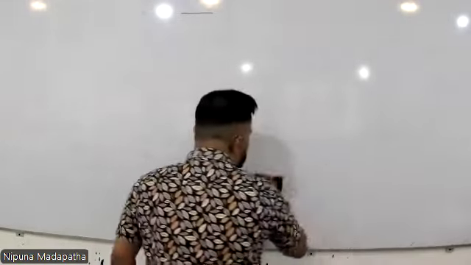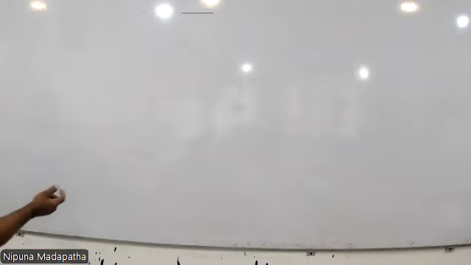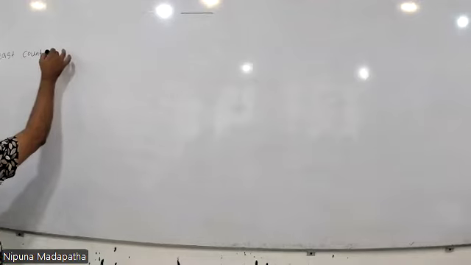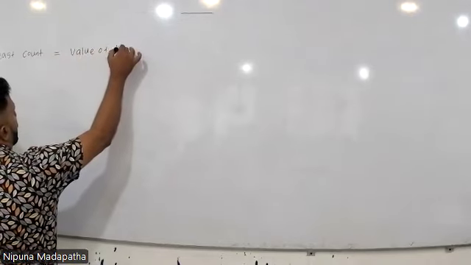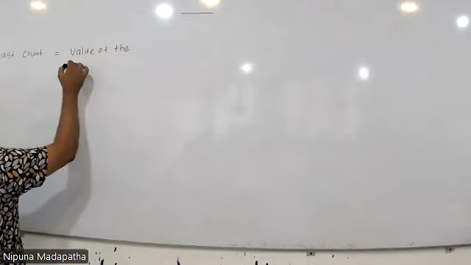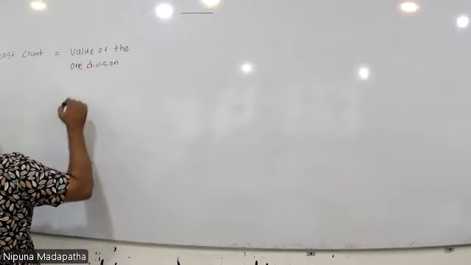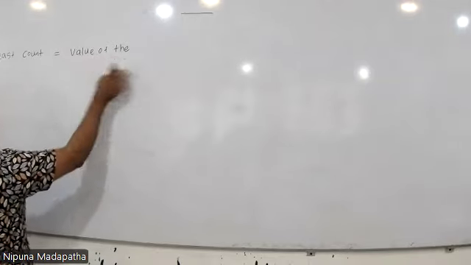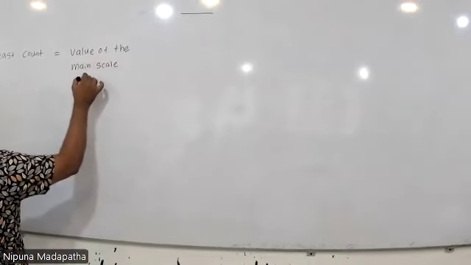The expression for least count is the same; we use a similar expression for angle measuring instruments. The least count of the instrument is given by the value of one main scale division minus the value of one vernier scale division.